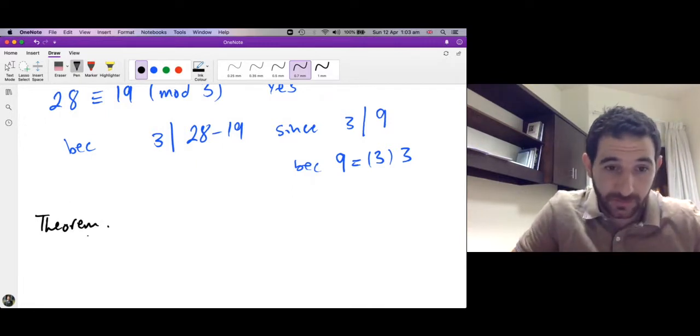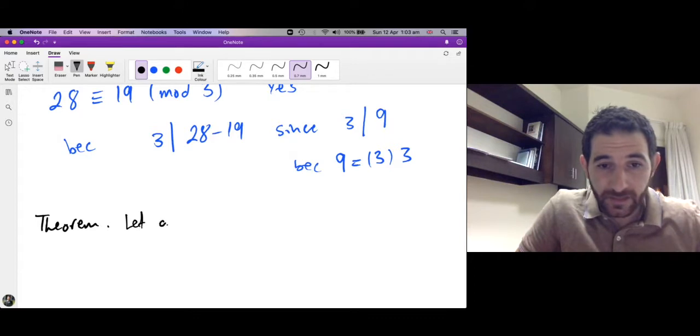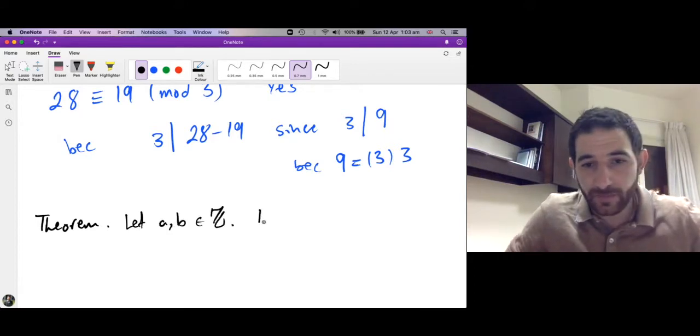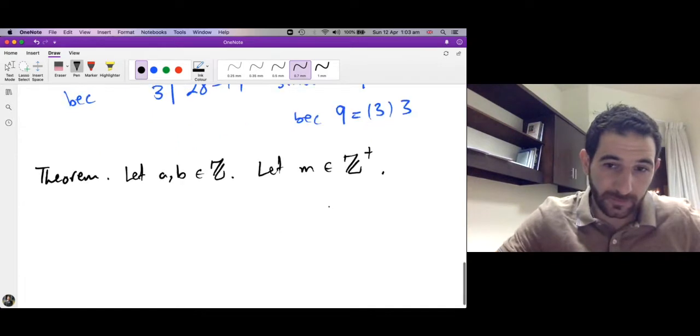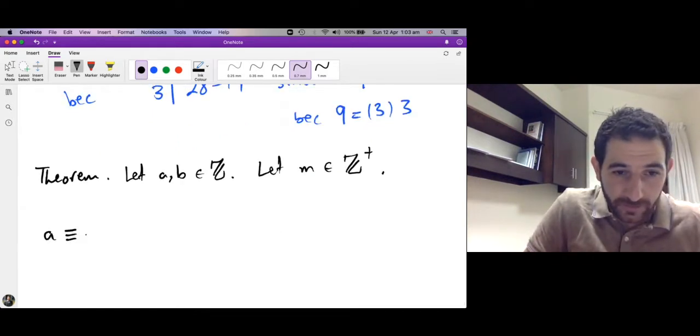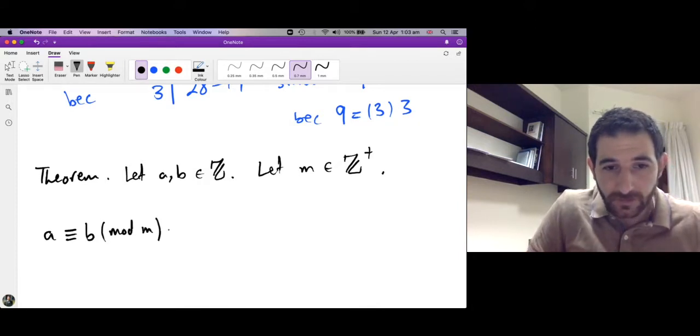So let a and b be any integers you want, and let m be a positive integer. Then the following is true. a is congruent to b modulo m. Okay, what does this mean?